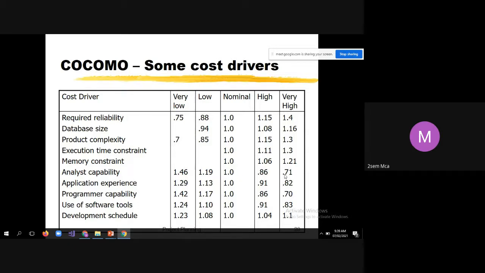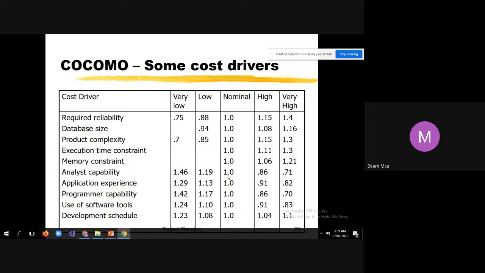If you are considering a fresher, then you have to consider 1.46. Or for an analyst with moderate experience, you can consider 1.0. That's how you need to assign values for all these cost drivers, the factors that will decide the project cost.